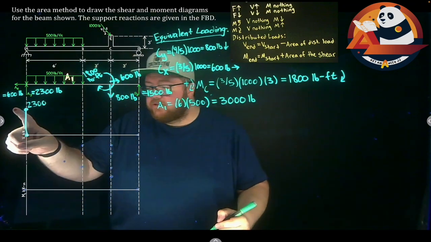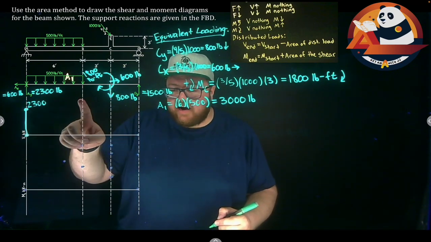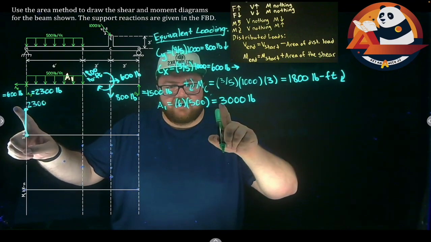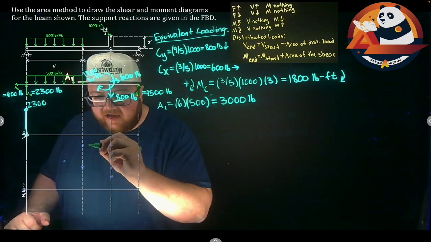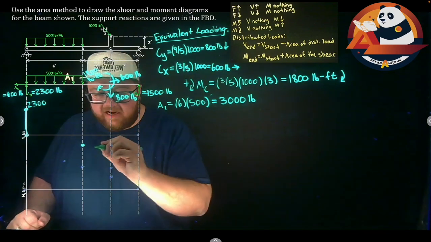So I'm going to go from 2,300 and we'll decrease the shear. The shear at the end of our area is the shear at the beginning minus the area. 2,300 minus 3,000 is going to get us that we'll end up down at this point right here at negative 700.